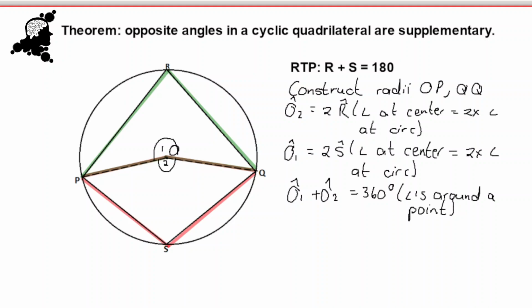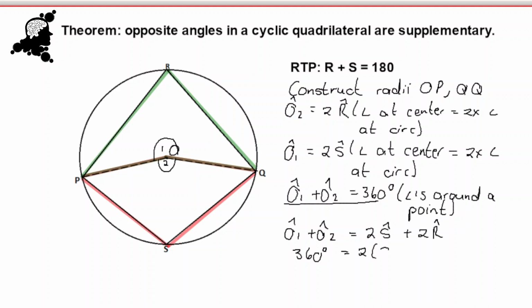So let's do the following. Let's say O1 plus O2. I know the value of O1 is 2 times S, and I know the value of O2 is 2 times R. By so doing, I know that O1 plus O2 is 360 degrees. Let me substitute 360 degrees here. Then on the other side, take note that I've got a common factor of 2.